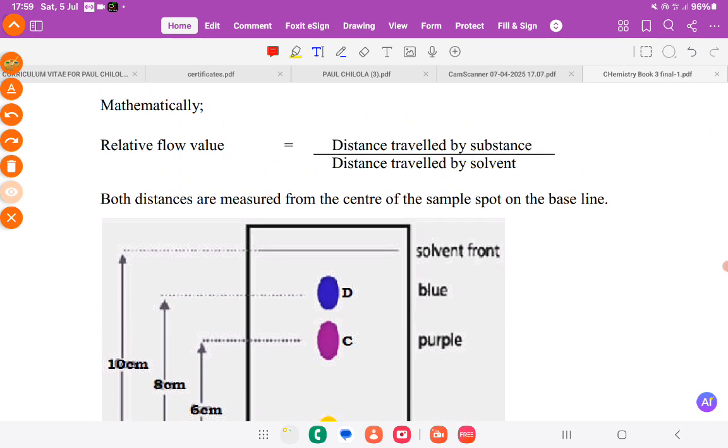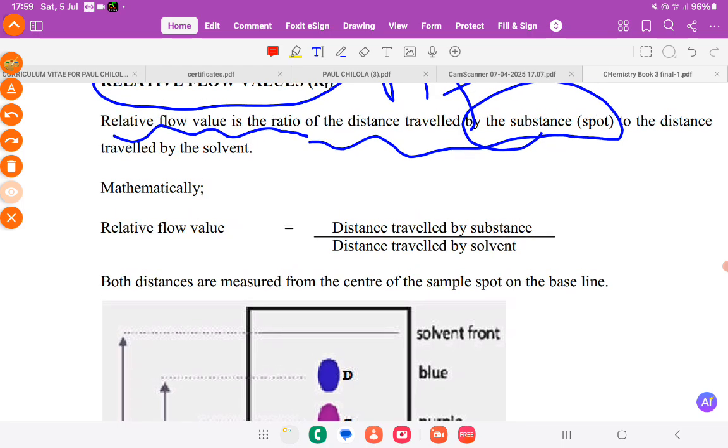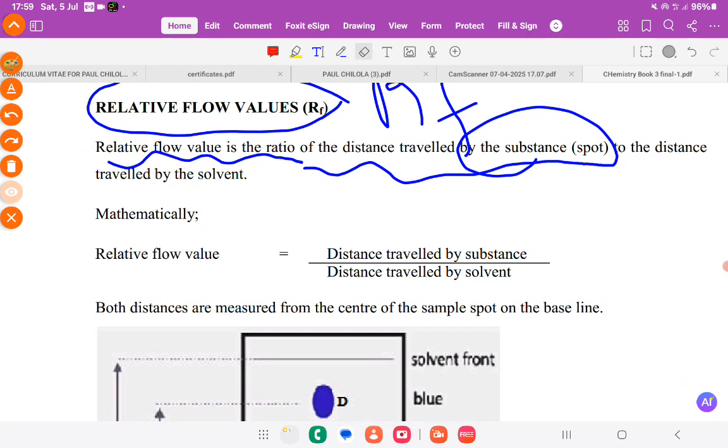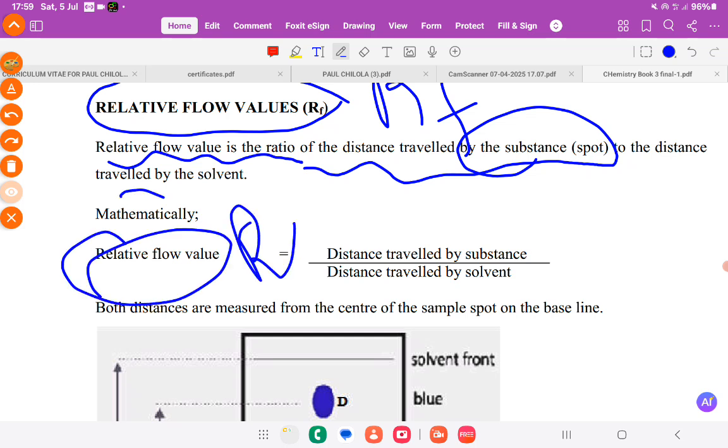Mathematically, RF is simply the distance traveled by the substance divided by the distance traveled by the solvent.